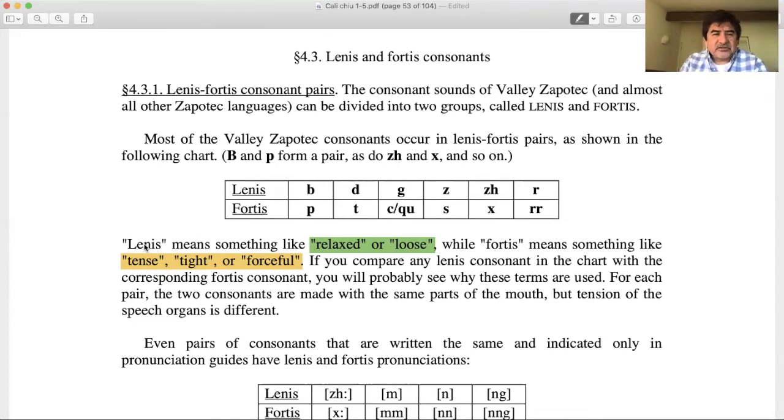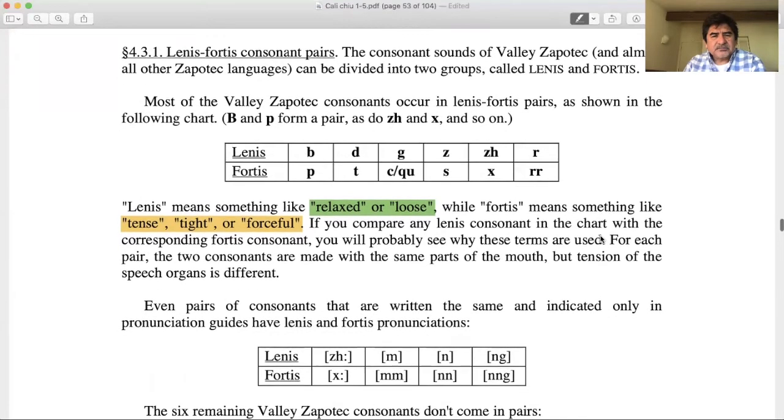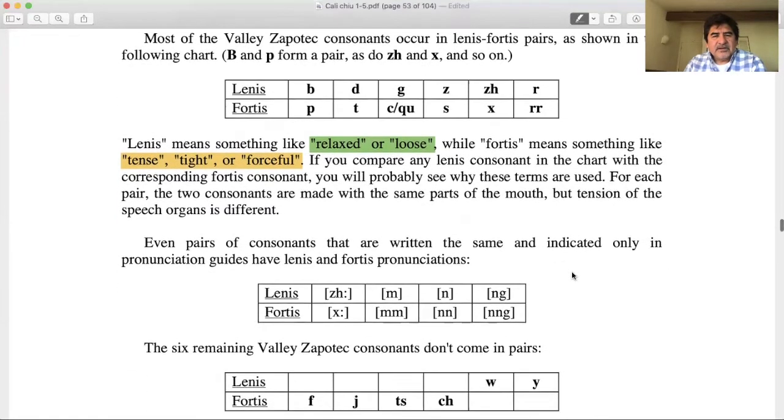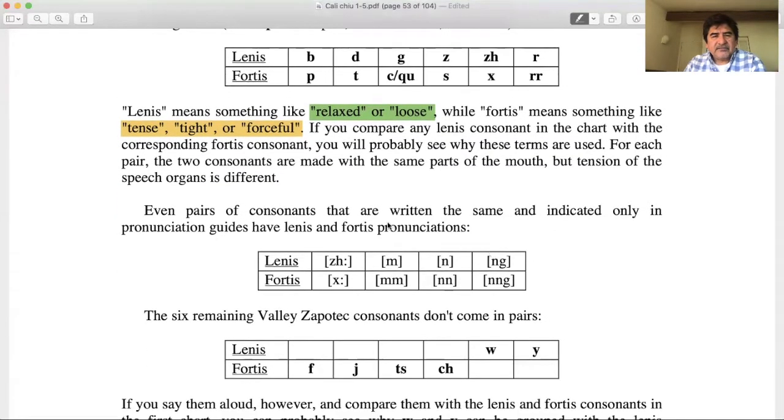As you can see, the lenis on the first row are the B, D, G, Z, ZH, and R. And then the fortis are the P, T, Q, S, X, and double R. Then we have the next contrast pairs, ZH and X, and the X colon, actually ZH colon.